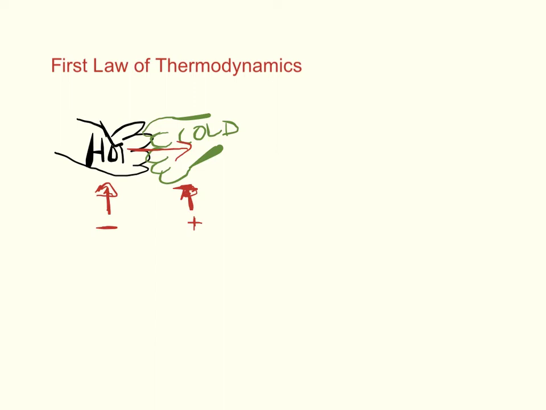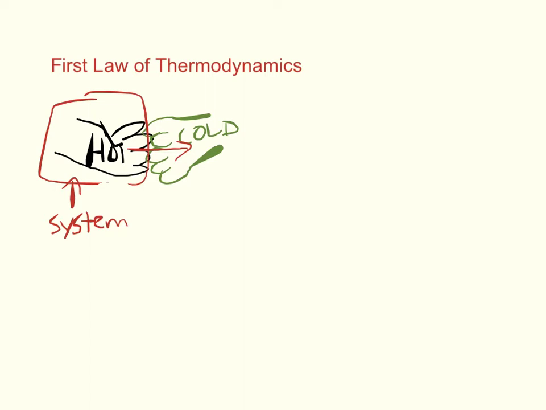So for example, let's say the hot hand is the system. Again, these are just terms that are arbitrary. They can be defined for any reaction. So if the hand here is the system, that means that everything else in the universe, everything else besides the hot hand, is considered the surroundings.